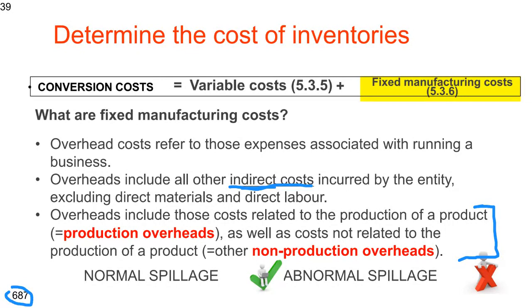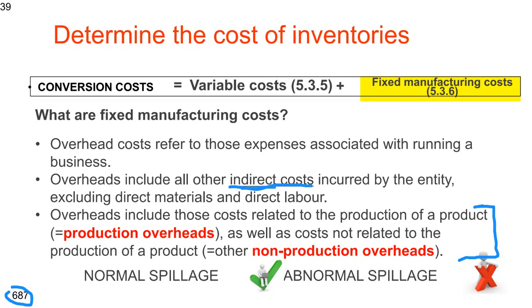So now we've got a third category. We've first got direct costs, which are direct labor and direct raw materials. Then we've got what we call the indirect costs. And remember, the indirect costs are broken up into variable and fixed. And then we've got a third category, which we call non-production costs, right?